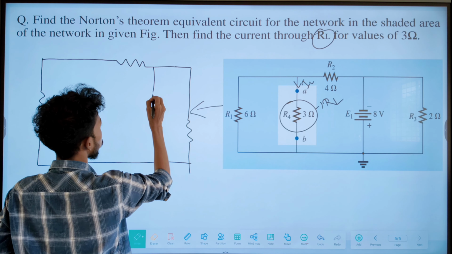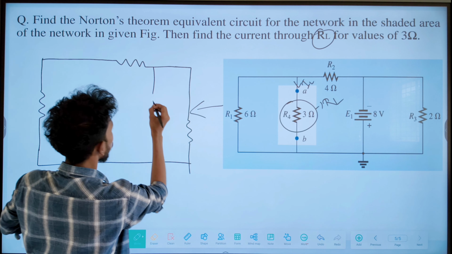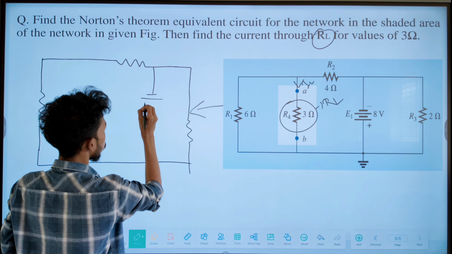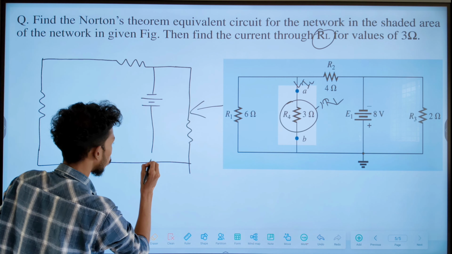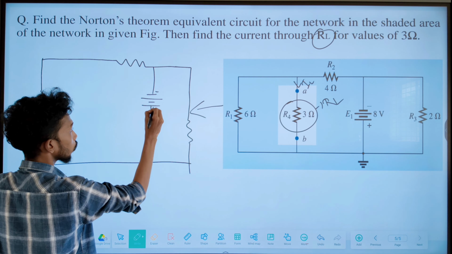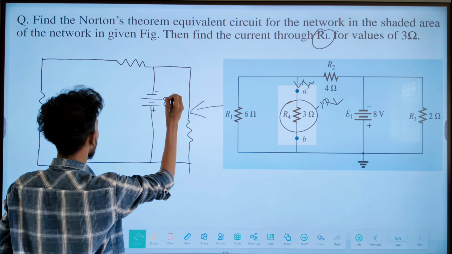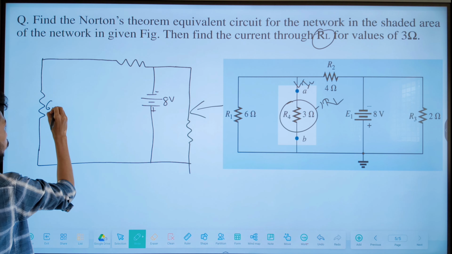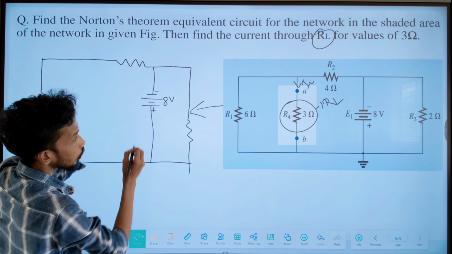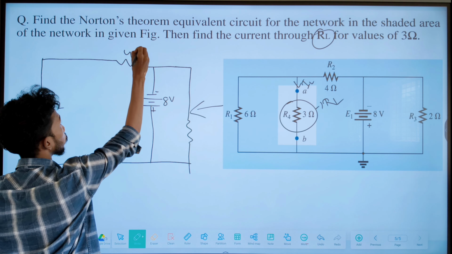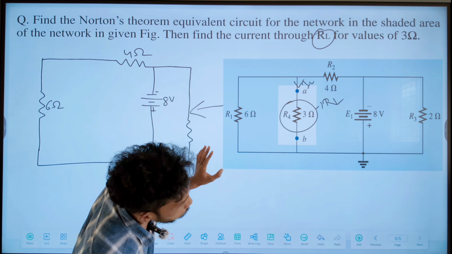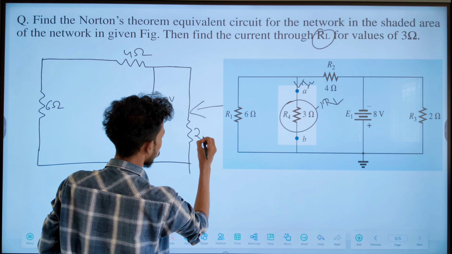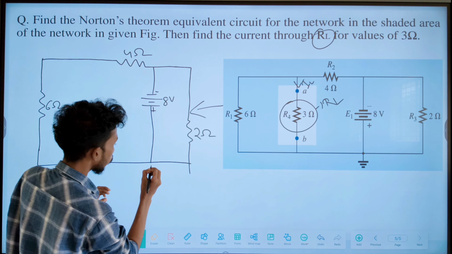That will be 8 volt, and this side is negative and this is positive, and it is 8 volt. And this resistance is 6 ohm, this resistance is 4 ohm, and this resistance is 2 ohm. Okay, and this is earthing.